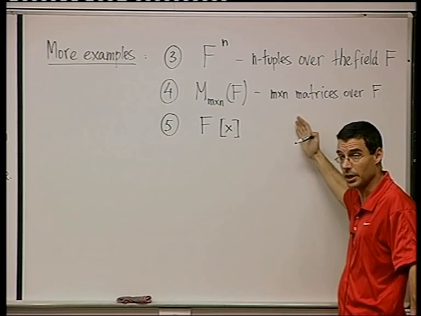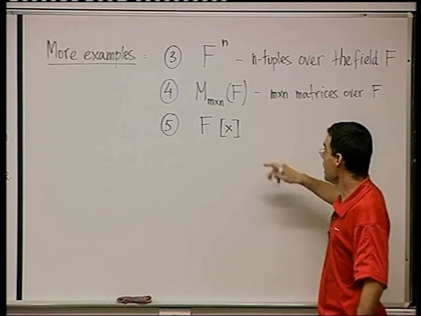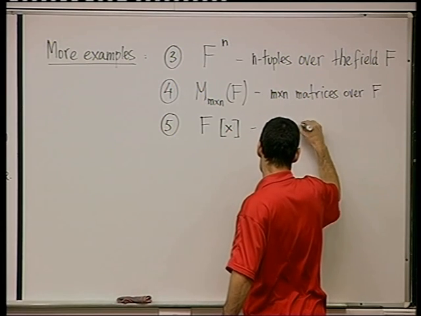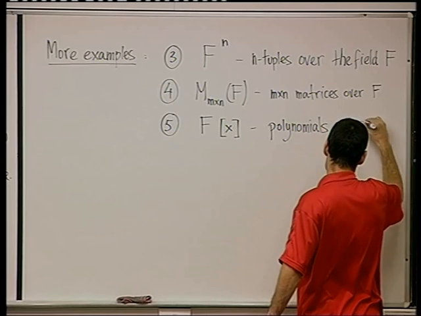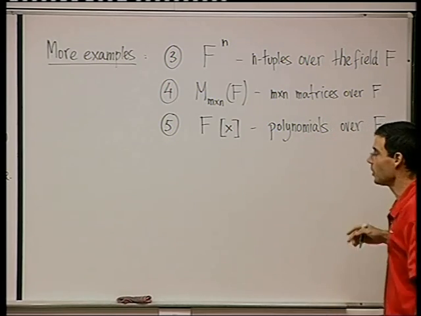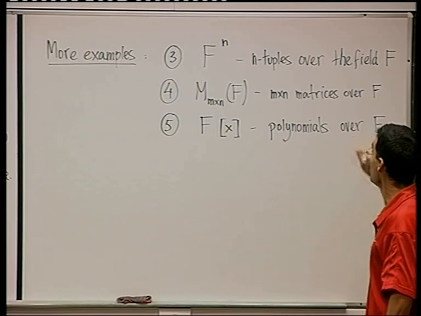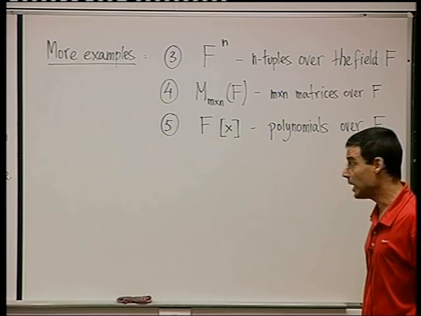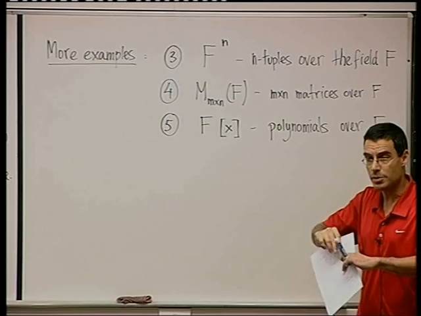Everything is clear. We add matrices just like we add matrices. Okay, so this is polynomials over F. Over F means that the world of scalars that we're using, all the coefficients, all the roots, everything, are from the field F. So I'm claiming that this is a vector space.